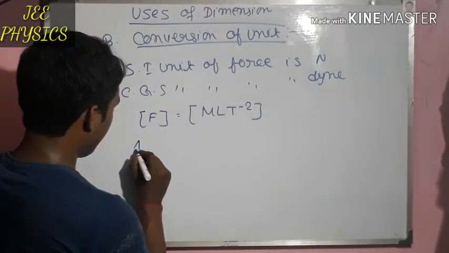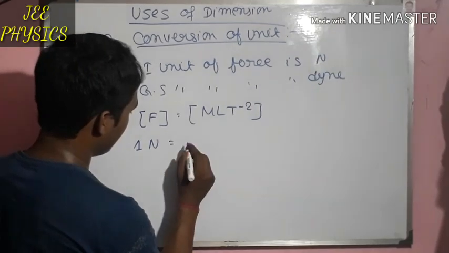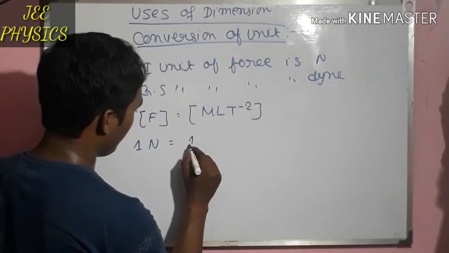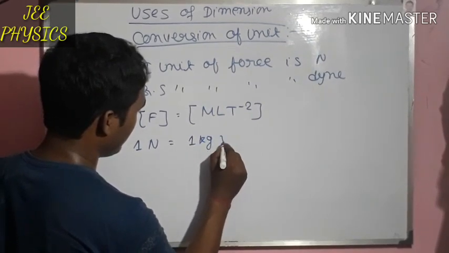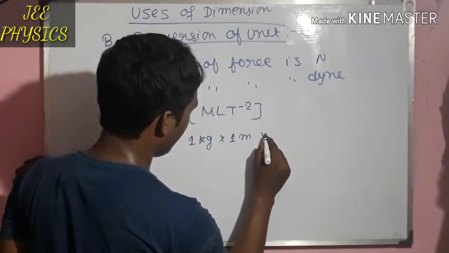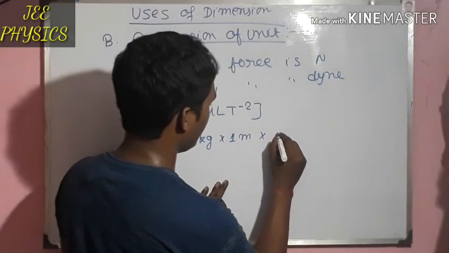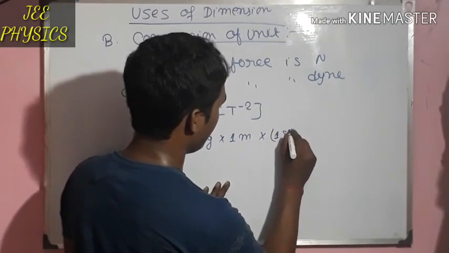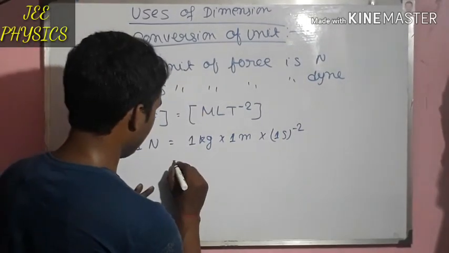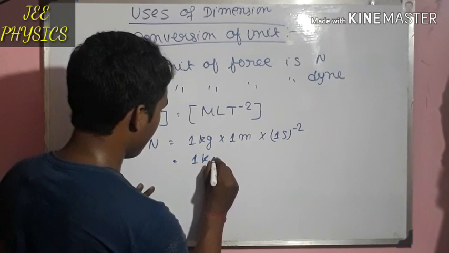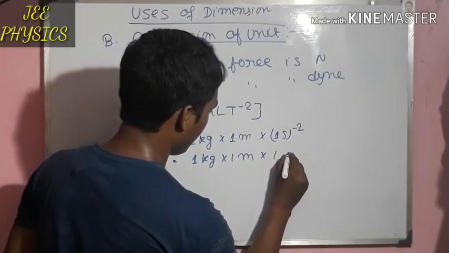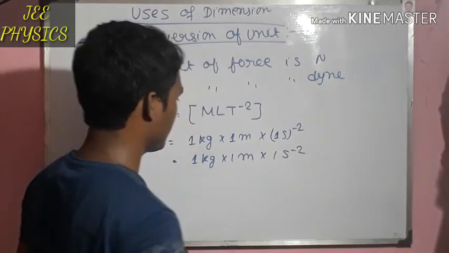So we have to write 1 Newton has mass, that means 1 kilogram, into length, that means 1 meter, into time, that means 1 second to the power minus 2. That is 1 kg into 1 meter into 1 second to the power minus 2.